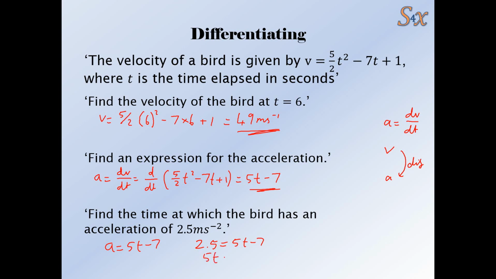If we do a bit of rearranging, that gives me t equals 0.53 seconds. So this time, instead of saying what's the acceleration at a certain time, I'm saying what time does it have this acceleration. It's just as easy. We just substitute in for the acceleration instead and solve for the time.